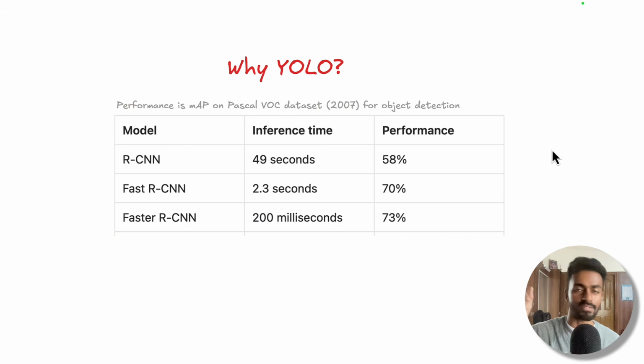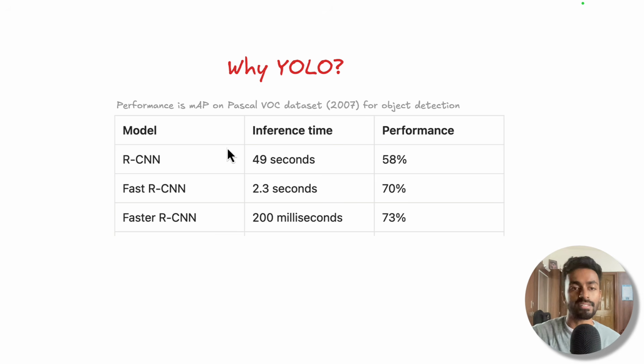Now, over the years, there were many additions to this in order to decrease the inference time. The initial architecture that I just proposed took about 50 seconds just to get a single inference, and the performance was 58% on the Pascal object detection dataset from 2007.